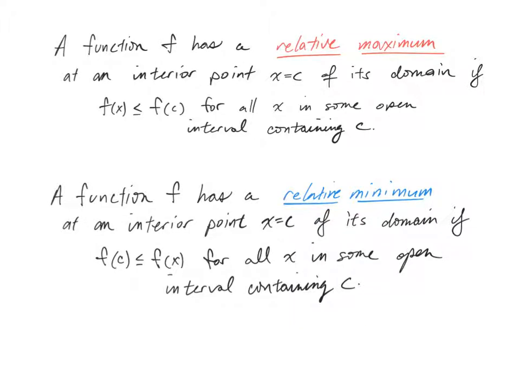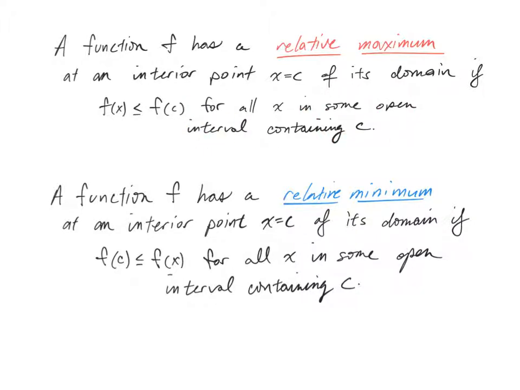That being said, with absolute max and absolute min on the previous slide, we also have these definitions. A function f has a relative maximum at an interior point x equals c of its domain if f of x is less than or equal to f of c for all x in some open interval containing c.